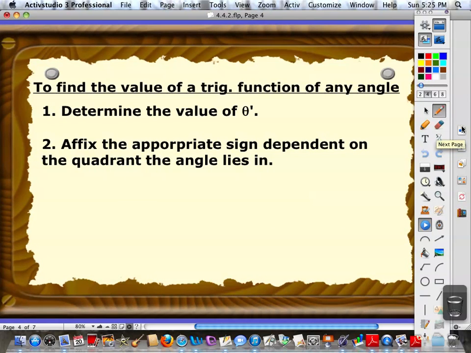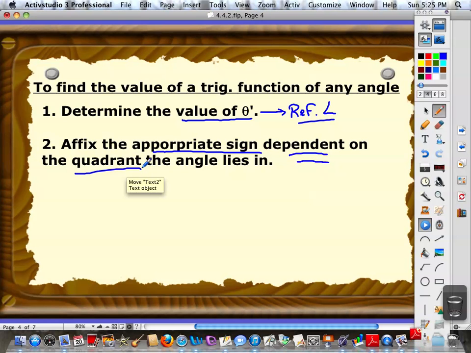So, finding the trig function of any value, no matter what it is, the first thing we do is figure out what is the reference angle, theta prime. Remember that theta prime, that's our reference angle. So we figure out everything from the reference angle, and then we just use the appropriate sign dependent on the quadrant.